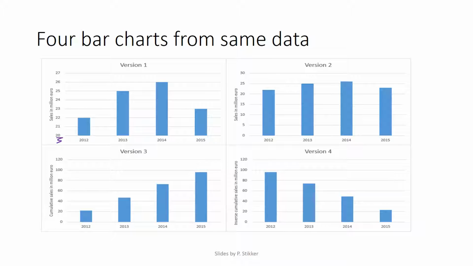Now in version 3, the graph seems to be going up, while in version 4, the graph seems to be going down. This is simply due to the fact that version 3 is using cumulative sales in this case, and version 4 is using the inverse cumulative. So cumulative usually tends to always go up because you keep on adding things.